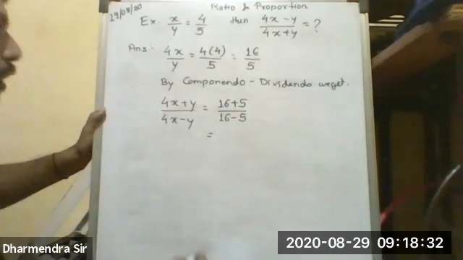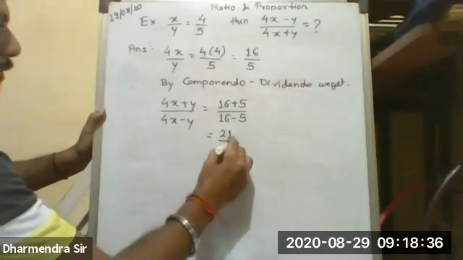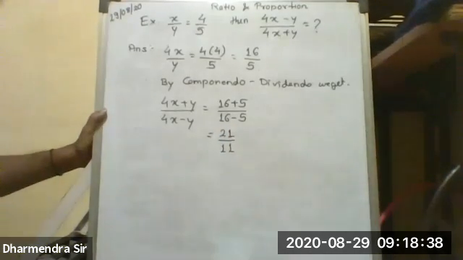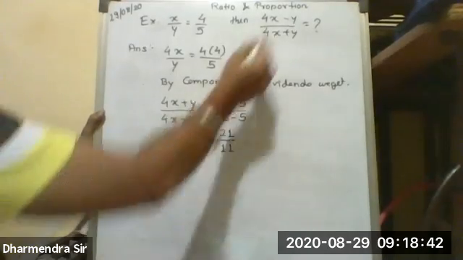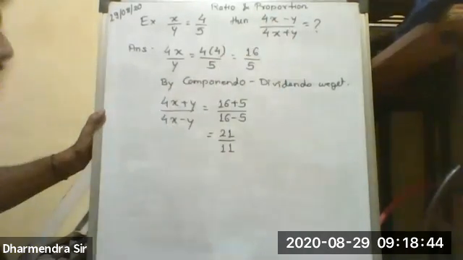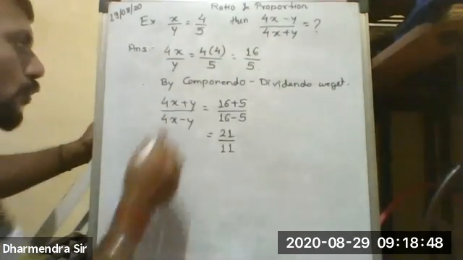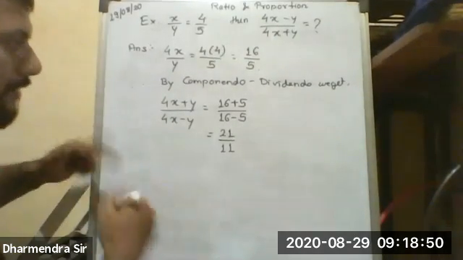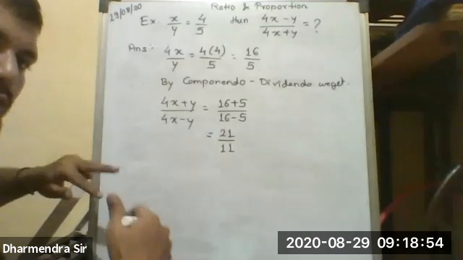So this is equal to how much? 16 plus 5 is 21, 21 upon 11. No common multiple, so it can't be cancelled. What we will do? But we don't want this. We want 4x minus y upon 4x plus y. So in order to get this term, we need to do invertendo. What invertendo says, numerator goes to denominator and denominator goes to numerator.